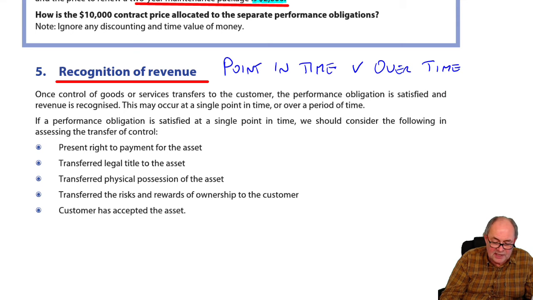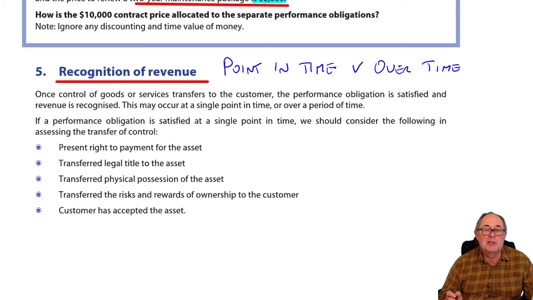So in other words, sometimes it's appropriate to recognise at one point in time, sometimes it's appropriate to recognise over a period of time. So let's just highlight that. For point in time and over a period of time.